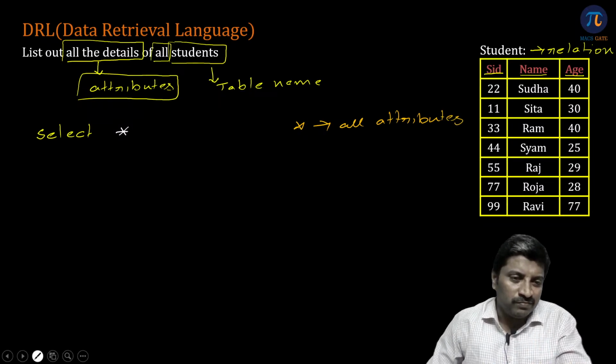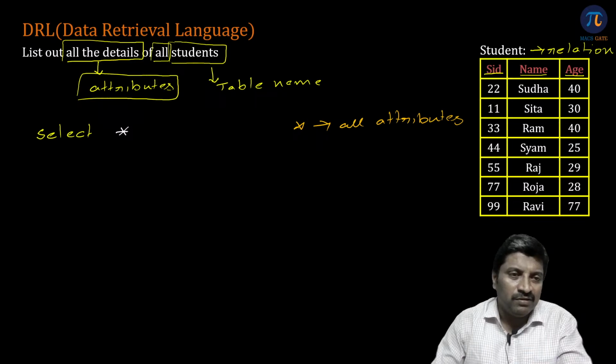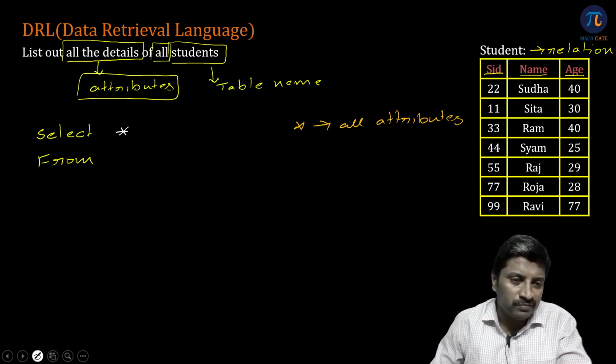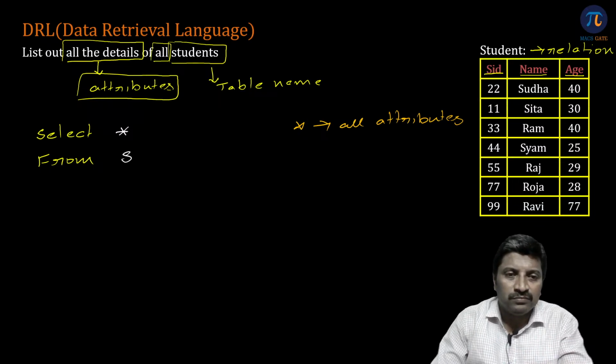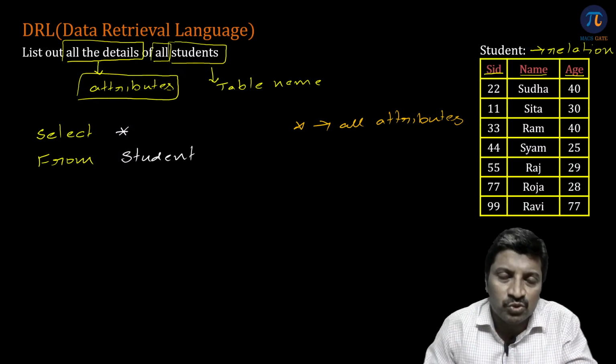From which table? That is the second one. From which table do you want, sir? The table name, here it is student.